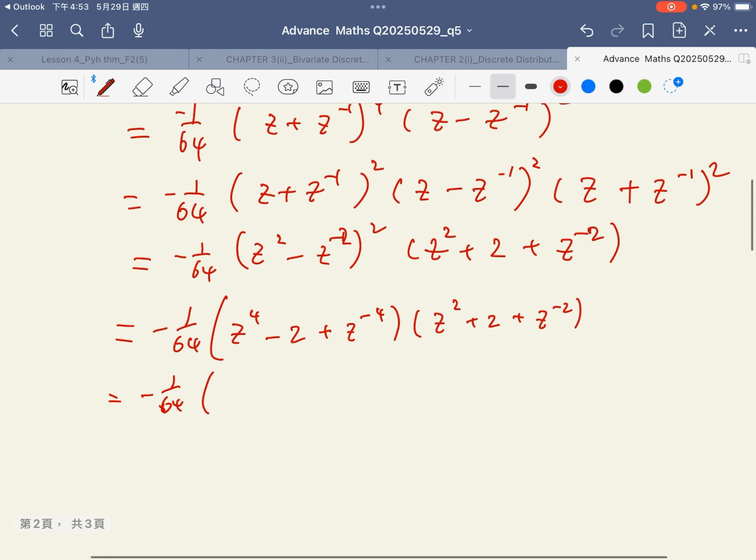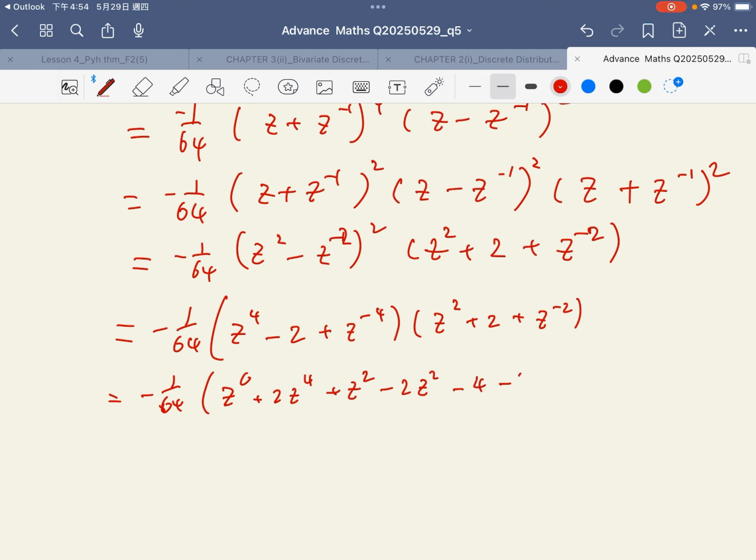I multiply this, expanding term by term: z to the power 6 plus 2z to the power 4 plus z to the power 2 minus 2z to the power 2 minus 4 minus 2z to the power negative 2, and then plus z to the power negative 2 plus 2 times z to the power negative 2 plus z to the power minus 6.